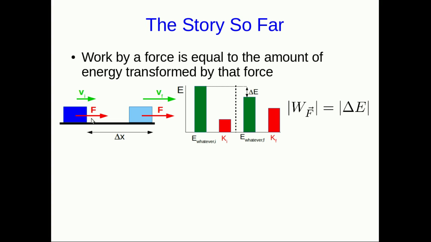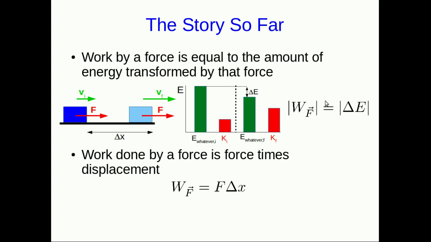And if that force is somehow connected with some form of energy being transformed into another, so I've called it E whatever, some sort of energy, I don't care what, and we transform an amount delta E of it into something else, like say kinetic energy, then the work done by that force is equal to delta E, where I'm using absolute values here because there are some signs that we should worry about, but we're not worrying about them yet.